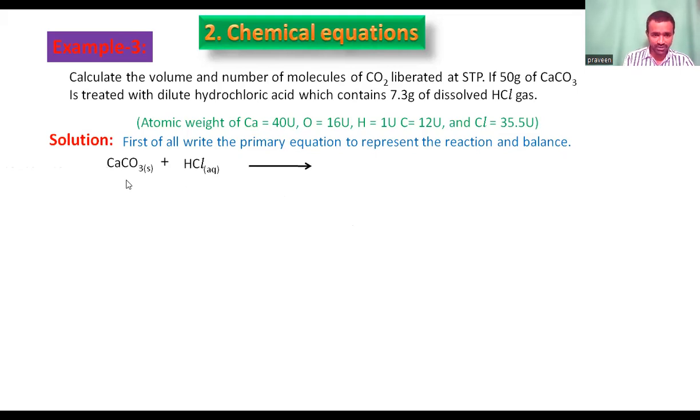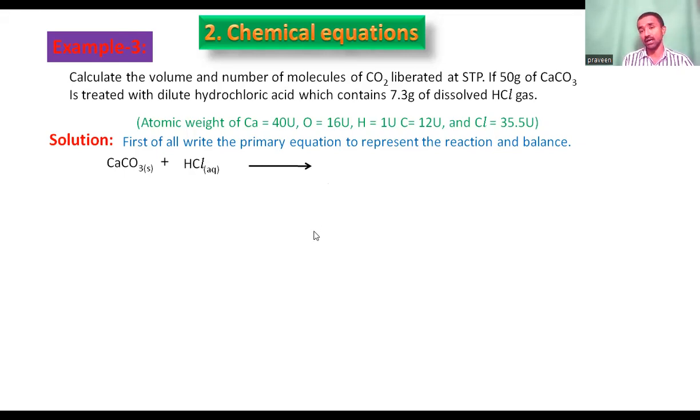It is simple to write the equation. Here it is a base and an acid. Calcium carbonate is a base and HCl is an acid. And one more thing, it is from the carbonate family. In acids and bases, we learn that an acid reacting with a carbonate will give you salt, water, and carbon dioxide.